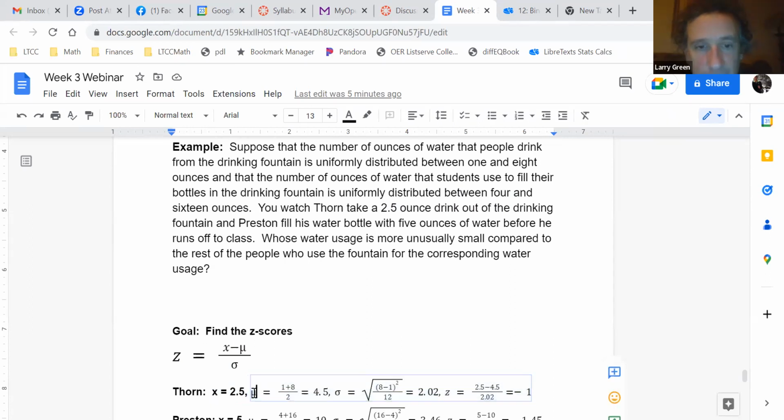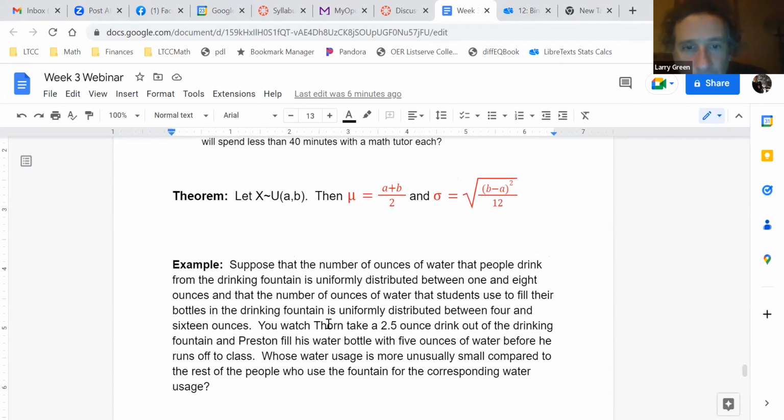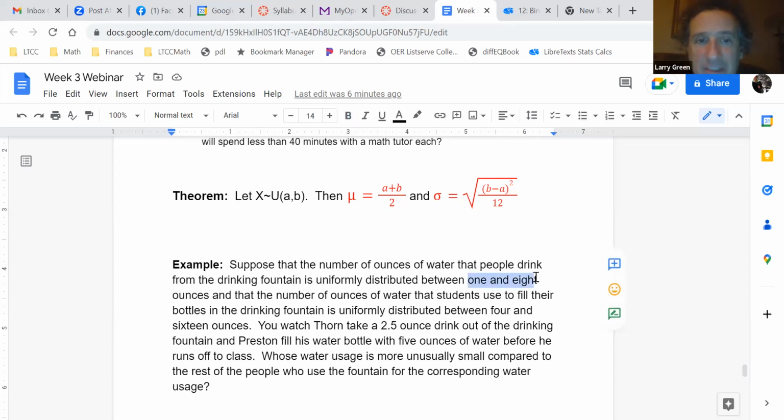Mu, the formula again, is a plus b over 2. For Thorne, who is just drinking, not using a water bottle, we have between 1 and 8 for the just drinking.